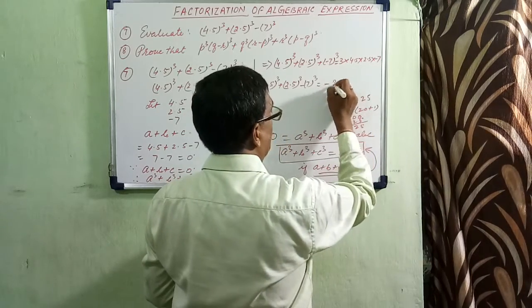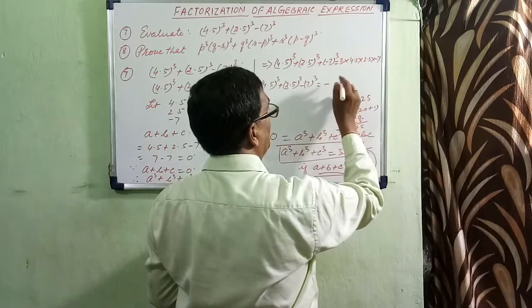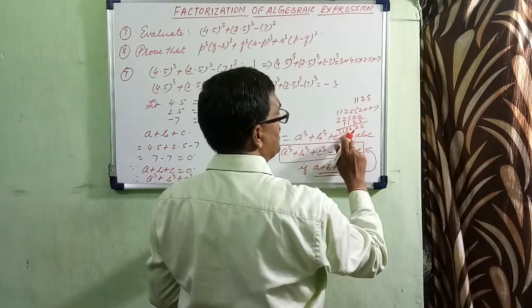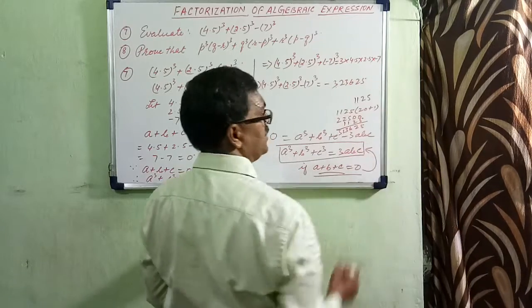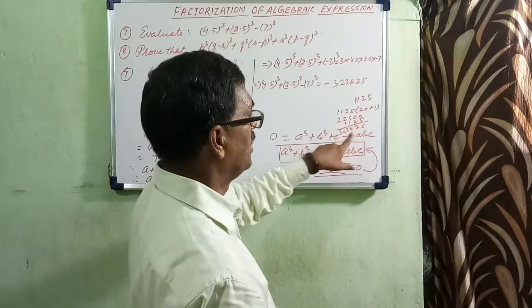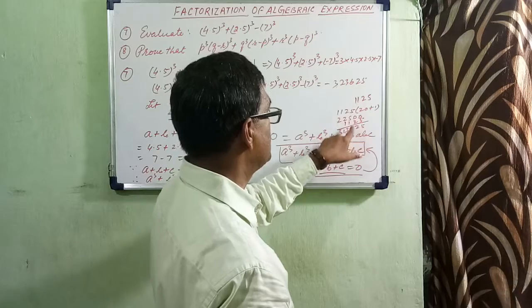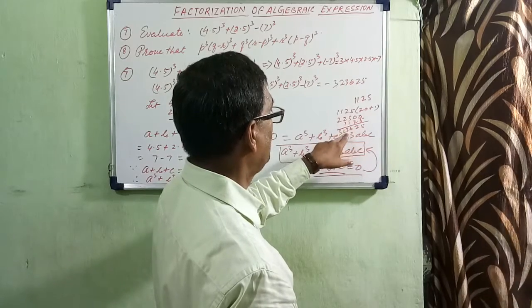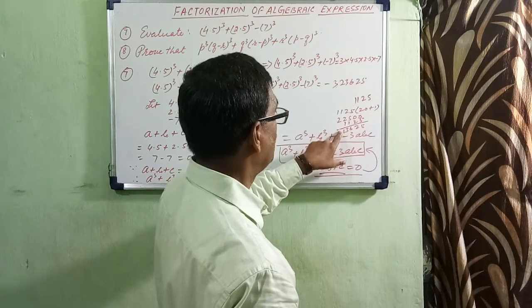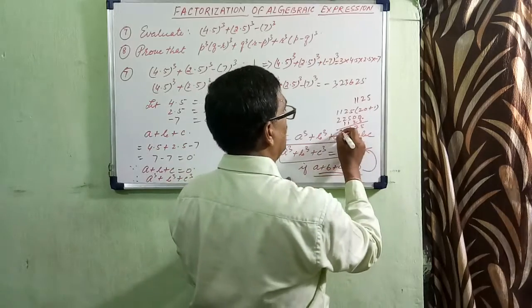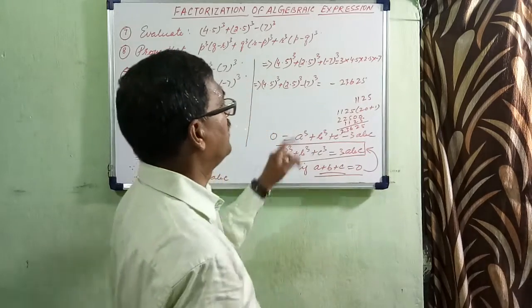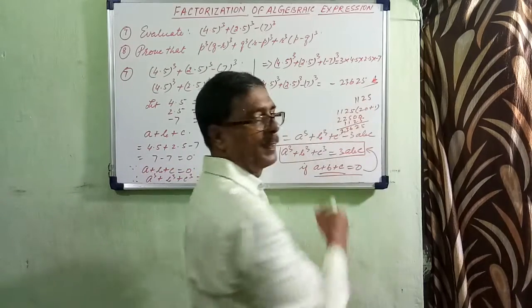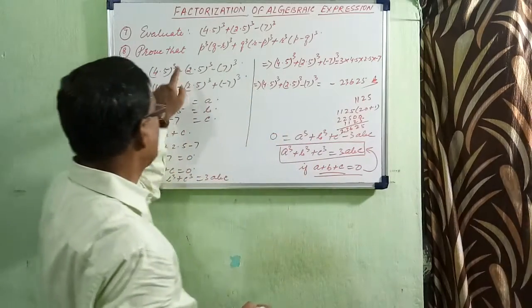Check the result whether it is correct or not. Oh, sorry, it will be 2 only. Minus 2, 3, 6, 2, 5. That is the answer. And the same way this can also be done.